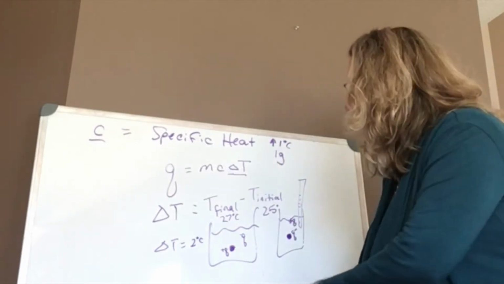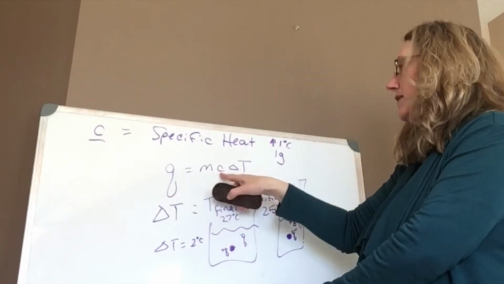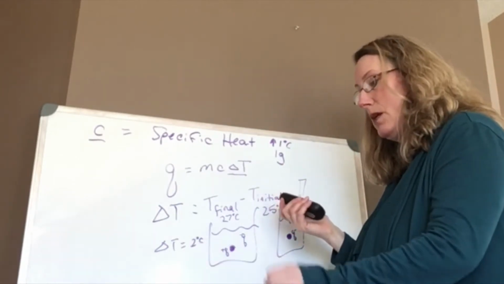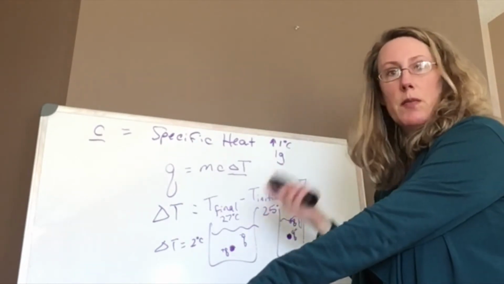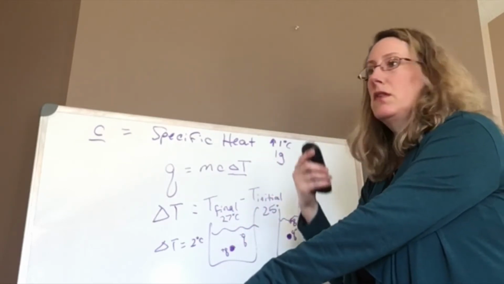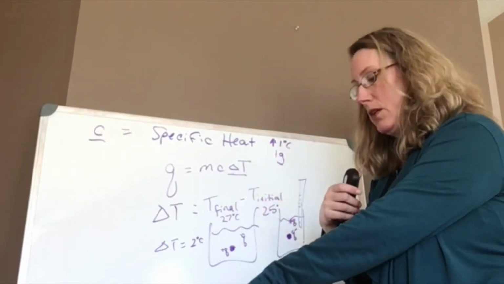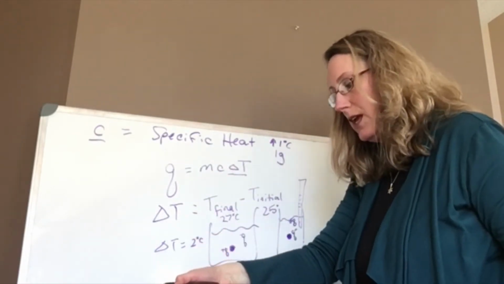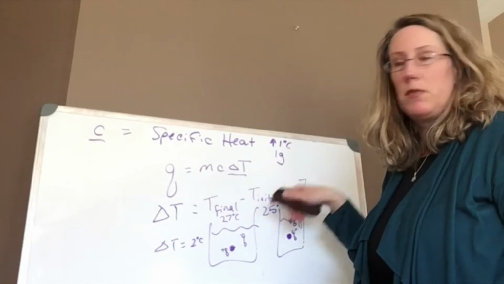All right, so we've already discussed that C is your specific heat, and we are going to solve for C this time. But usually, when you're doing a problem, they're going to give you the specific heat. They're going to tell you this is iron, or copper, and you're going to go right to this chart on page 50, and you're going to get your specific heat from there.